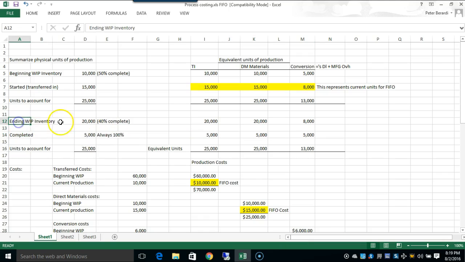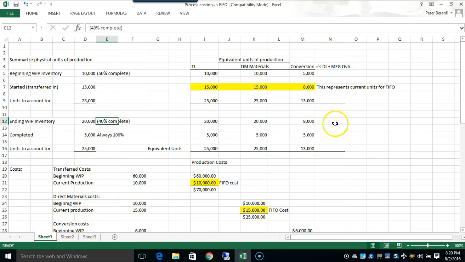Next, go to your ending WIP inventory. Ending WIP inventory for transferred in is going to be 100%. 20,000 units were transferred in. The direct material portion of our equivalent units, because we weren't told a percent, gets 100% of the ending WIP inventory.